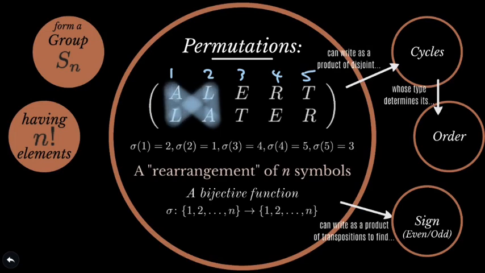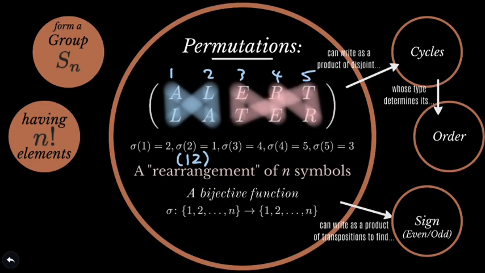So 1 and 2 in this cycle are getting transposed. So I'd write that in cycle notation as (1 2). And then meanwhile, what's happening in the other positions? 3 is going to 4. 4 in turn is going to 5, and 5 is going to 3. And so I have another cycle, (3 4 5).